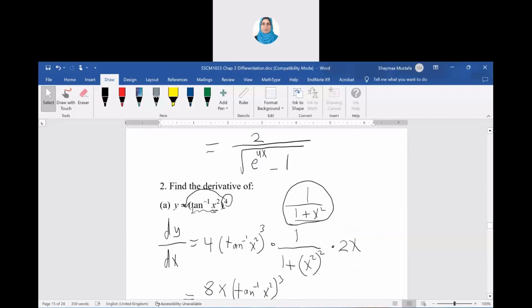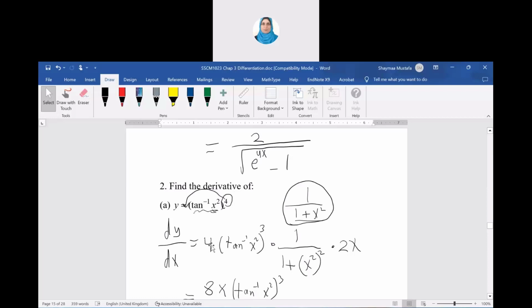Again, if I need to find the derivative for tan inverse x squared to the power 4. Again, a composite of three functions here. I have x squared inside tan inverse, and tan inverse x squared is inside the power function. So the power function is the first function. You have to start from the power.